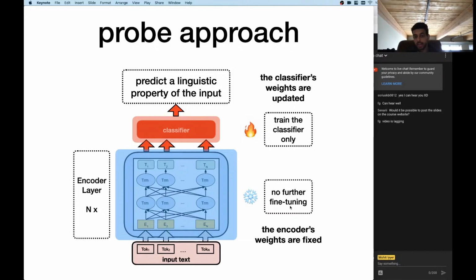So whatever it is after pre-training, that's how it's always going to be during the probe process. We are interested in learning about how this blue network is operating. So we have this classifier that's put on top of the representations that are output by our blue network. And this classifier is the thing that's actually trained during the process of training the probe task.